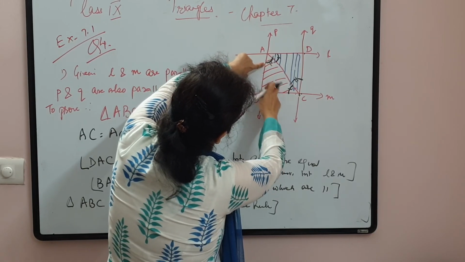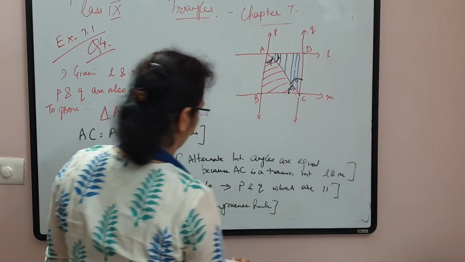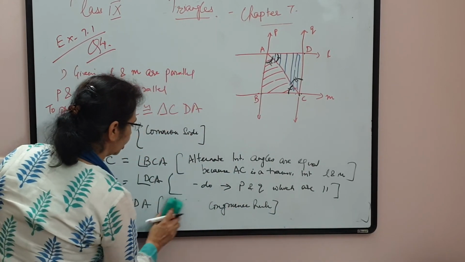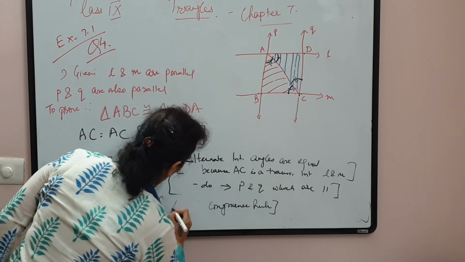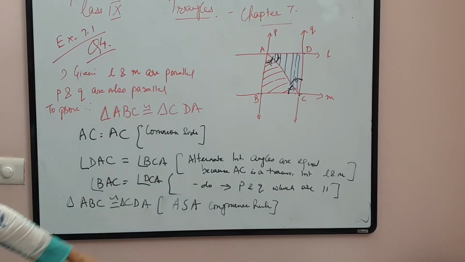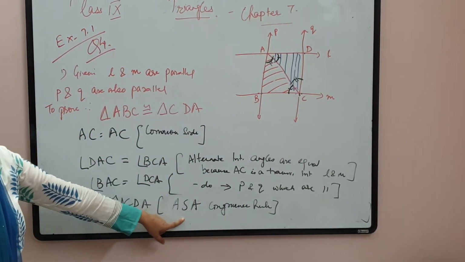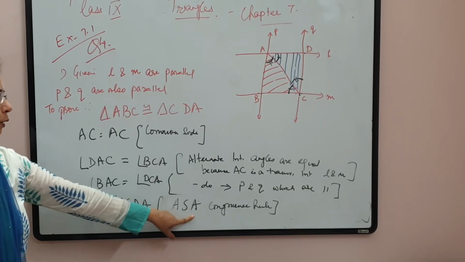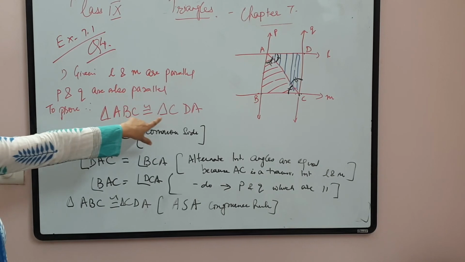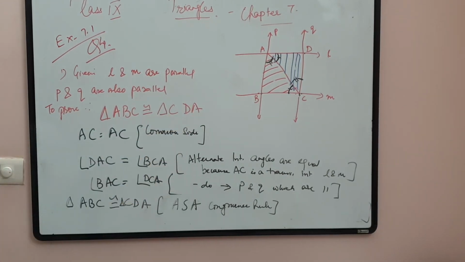Similarly, this angle and this angle, intervening side is AC. That means instead of AAS, you can also write ASA, because the side which is being enclosed is the included side. So, from the ASA congruence rule, you have proved that triangle ABC is congruent to triangle CDA.